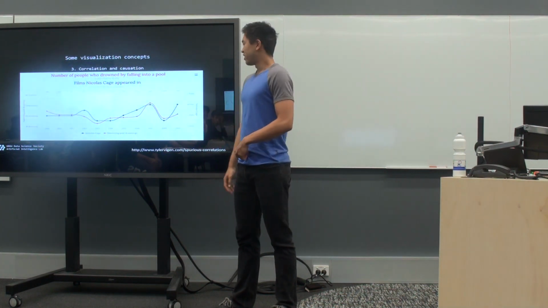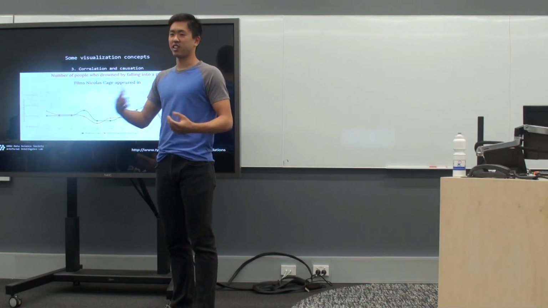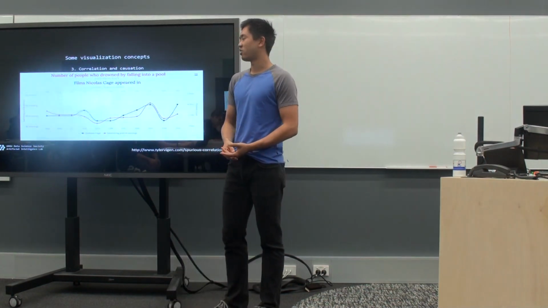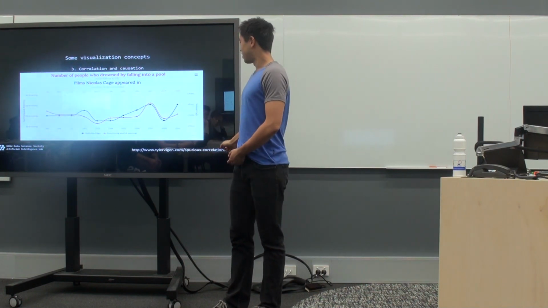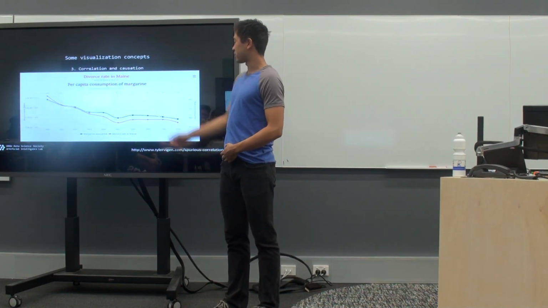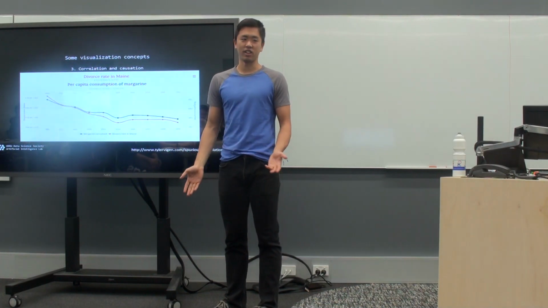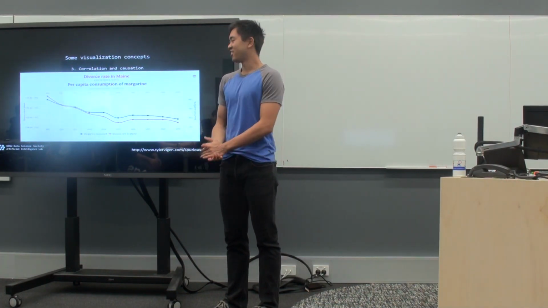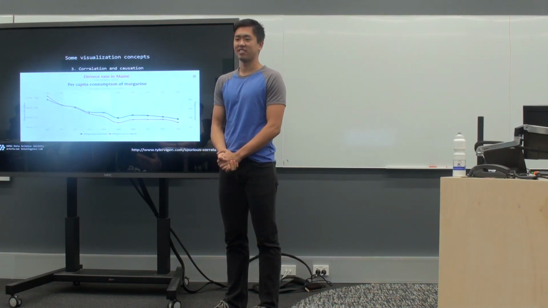So this has a correlation coefficient of 0.66, so fairly high, but obviously, well, I hope there's no causation behind this. Another one is the divorce rate in Maine and the per capita consumption of margarine. And this has a correlation coefficient of 0.99. So, you know, again, probably no causation there.